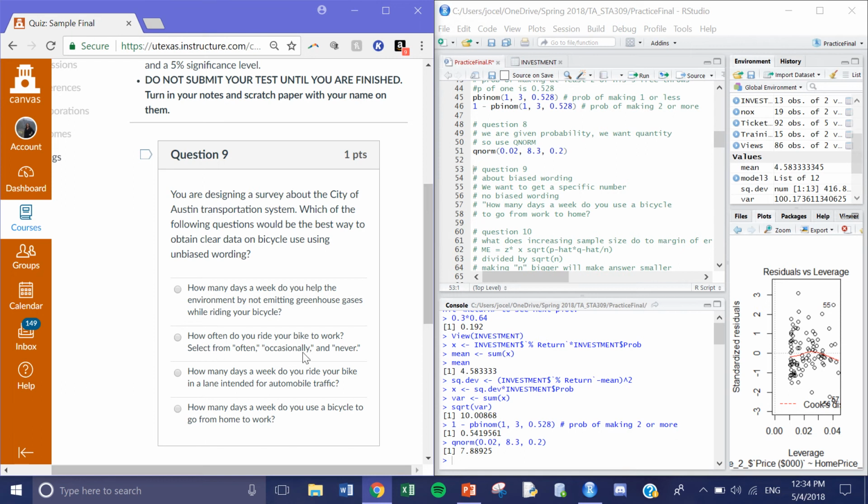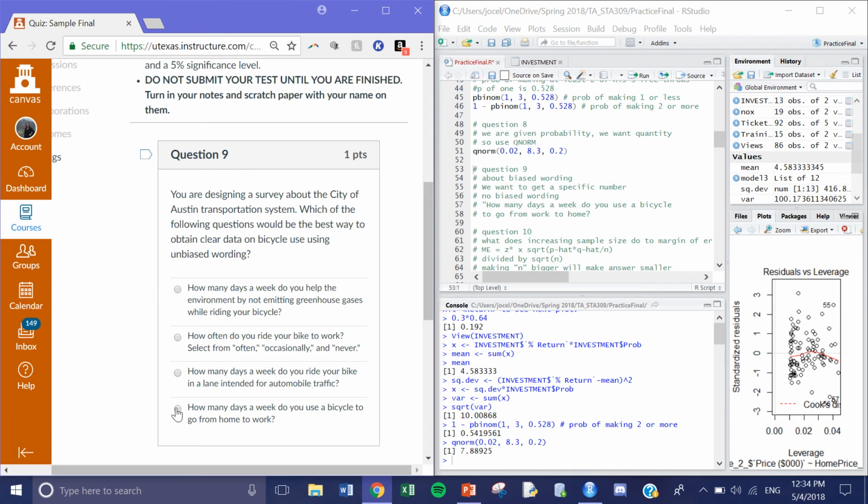Select from often, occasionally, and never. This is also not a good option because people have different definitions of often, occasionally, and never. It needs to be a quantitative option that is going to give people the exact amount. So B is not a good option because some people think often is every day, some people think often is once a week. How many days a week do you ride your bike in a lane intended for automobile traffic? This is also biased because of this phrase, intended for automobile traffic.